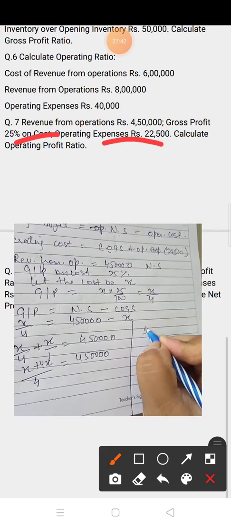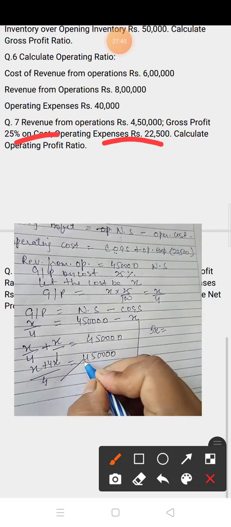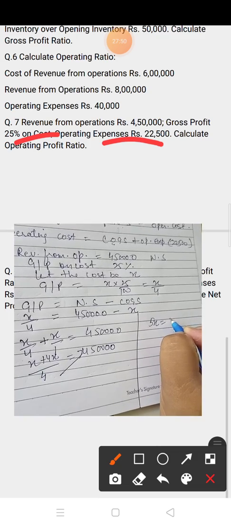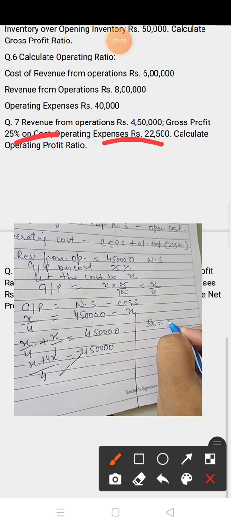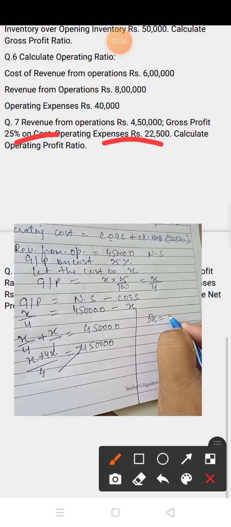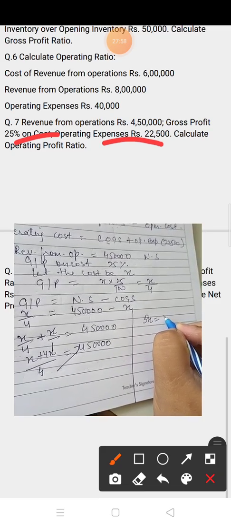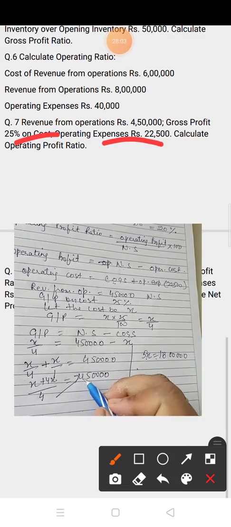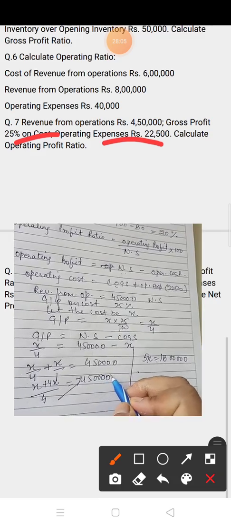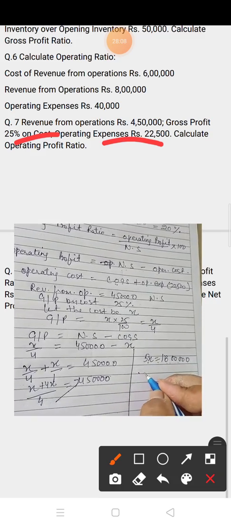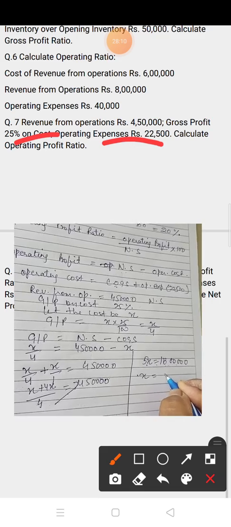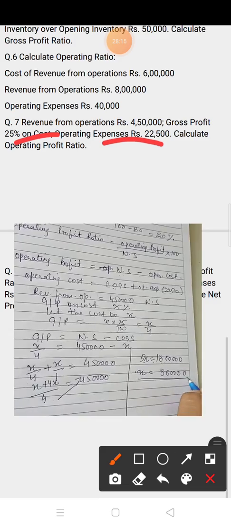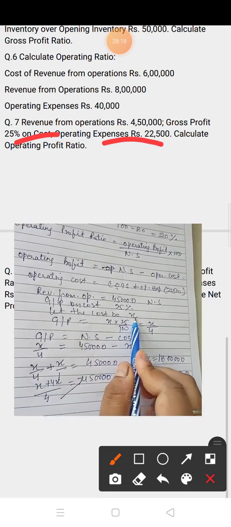Now this is 5X is equal to this 4, cross multiply with the 4,50,000. 5X is equal to 18 lakh. 4 multiplied by 4,50,000, the answer is 18 lakh. Now divide by 5. The answer is 3,60,000. Now this X value will come. X is cost of goods sold.